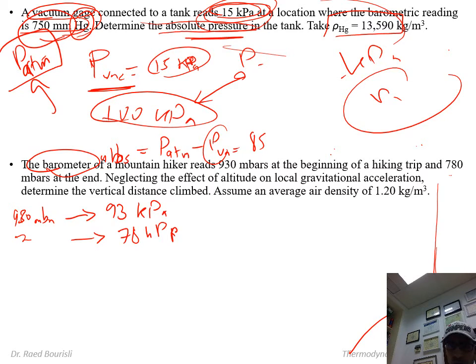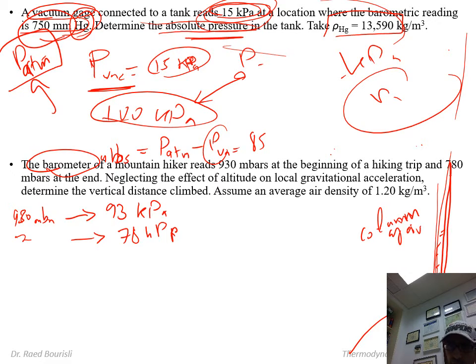So this is the ground and the map like this, if you put a column here, this is the weight of the column of air. This is the column of air from here to the end of the atmosphere.